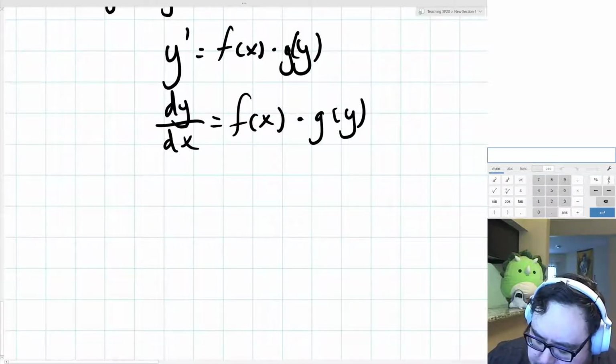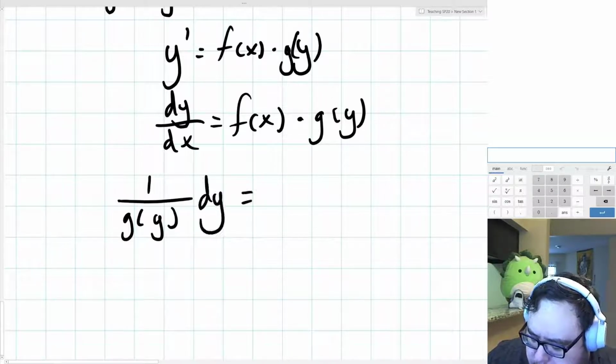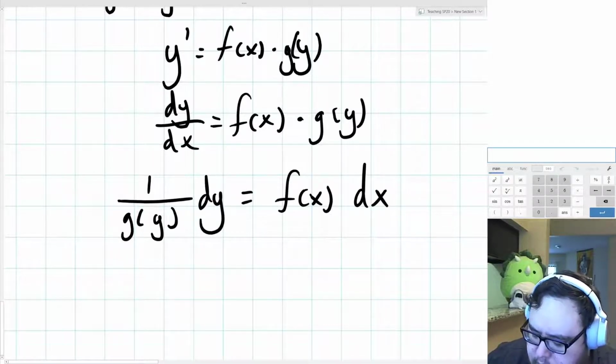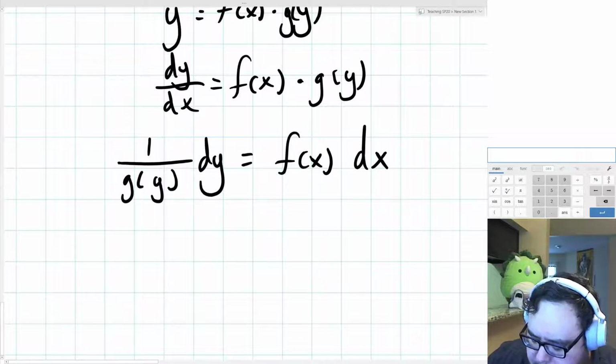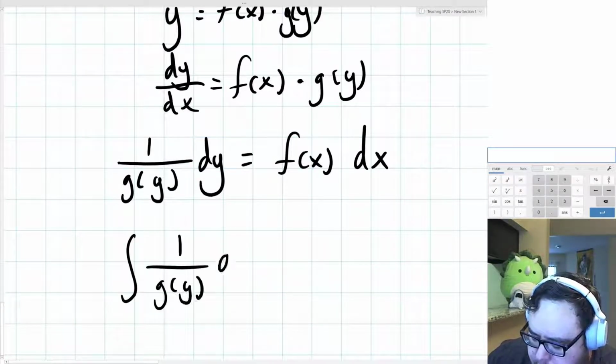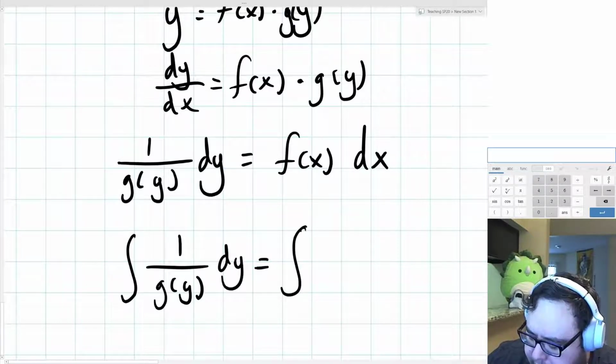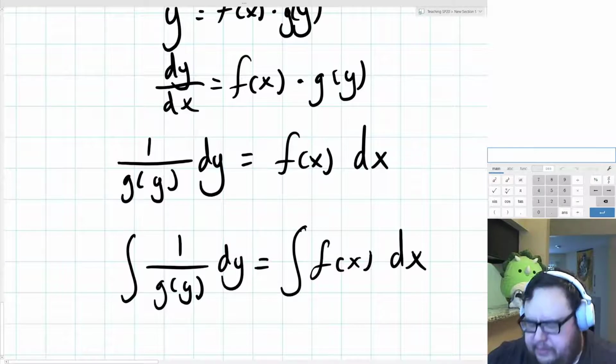Then this is 1 over g of y dy is equal to f of x dx, which means that if we integrate both sides, the integral of 1 over g of y dy will be equal to the integral of f of x dx.